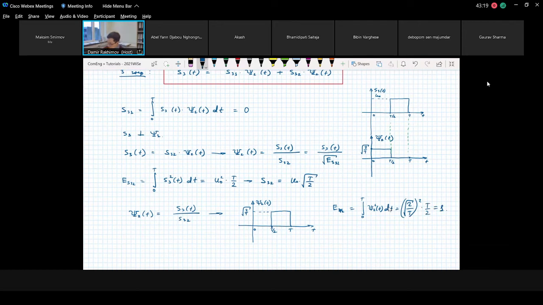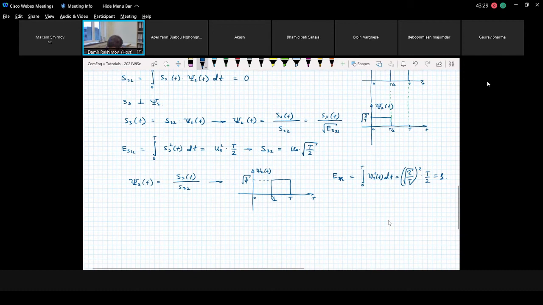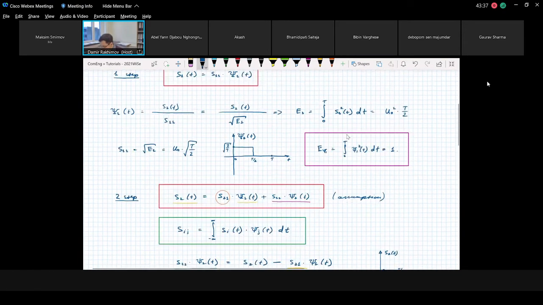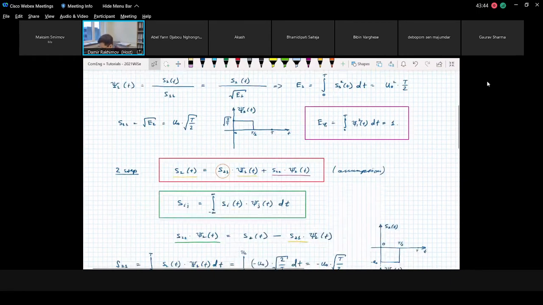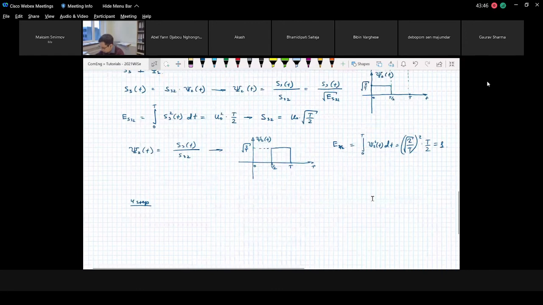As a result, it will give us 1, and you see that the energy equals 1. So it will have unit energy. So, fine. And for the fourth step, the last step that we have, we need to consider the last signal that we have. And we need to perform again the same steps as before.